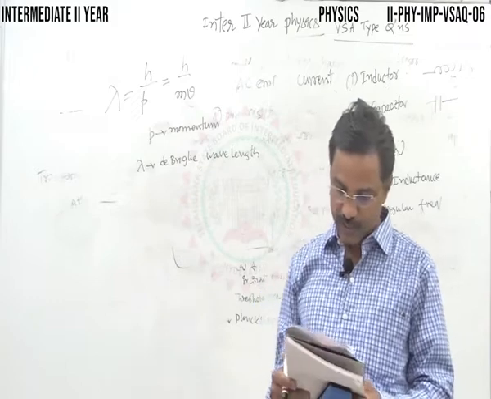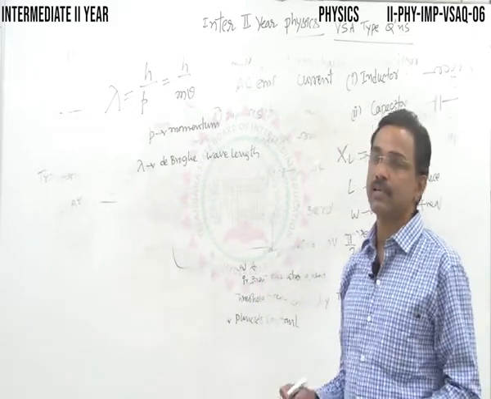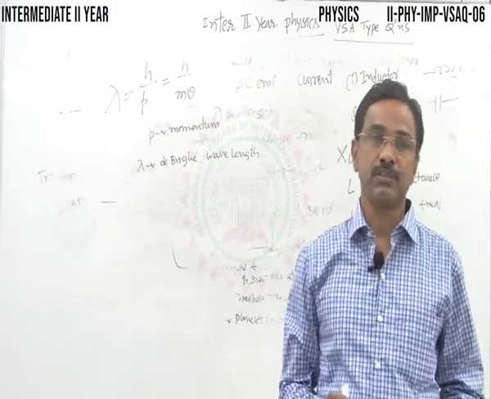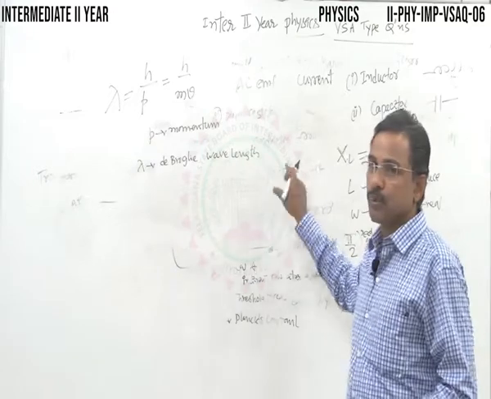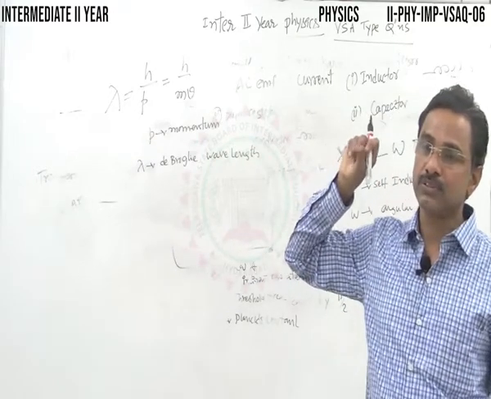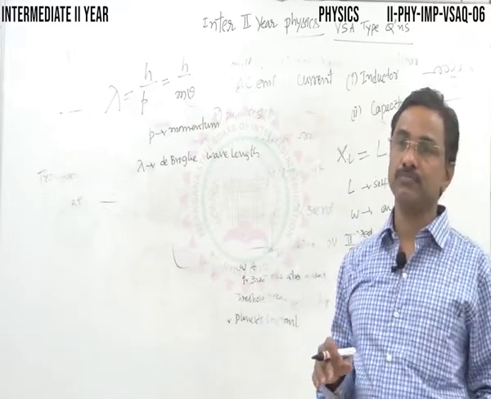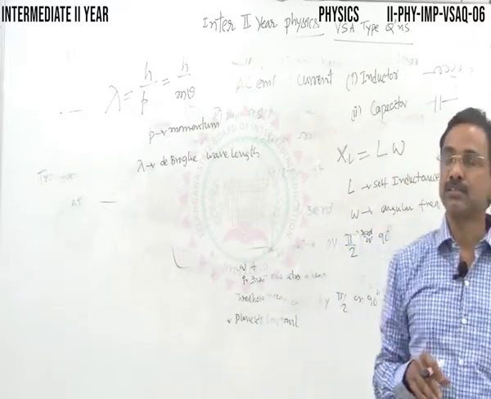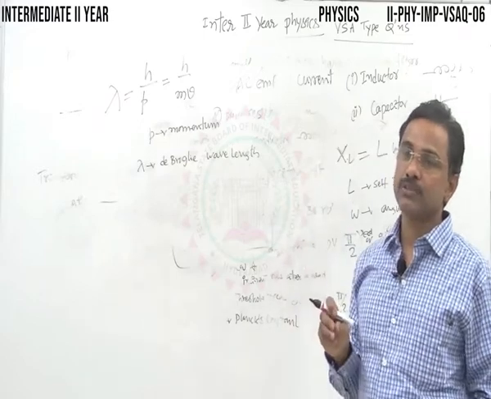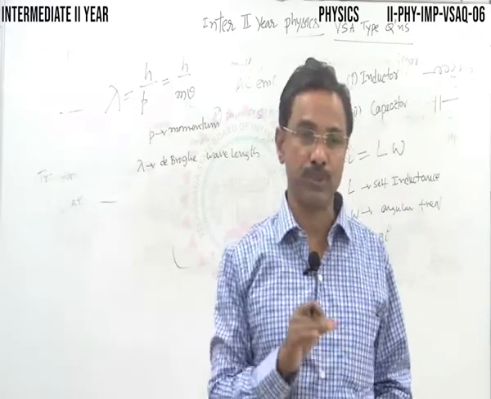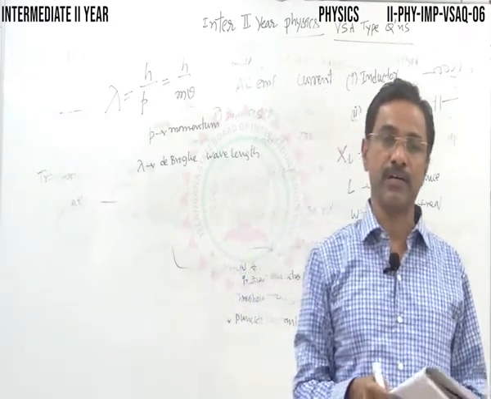State Heisenberg's uncertainty principle. According to Heisenberg's uncertainty principle, it is impossible to determine both the position and the momentum of an electron accurately. It is not possible to measure both momentum and position accurately at a time.